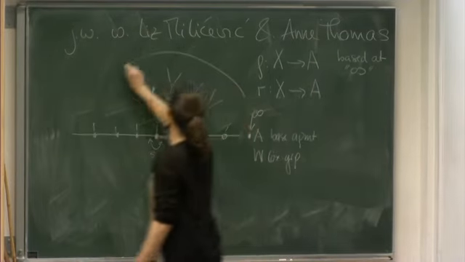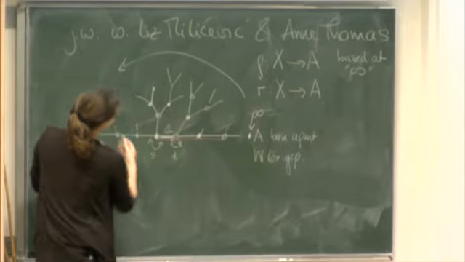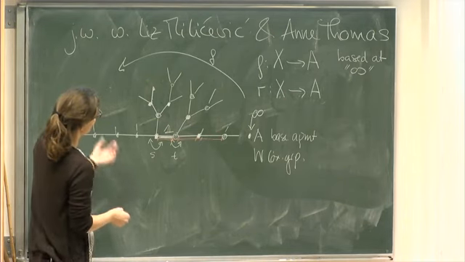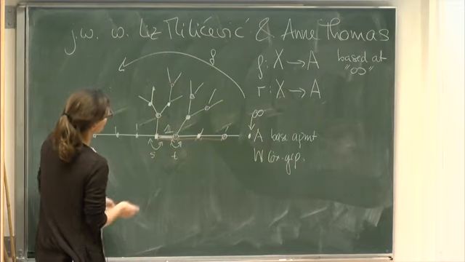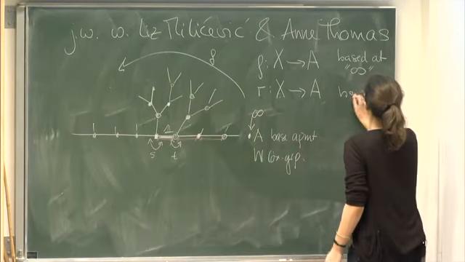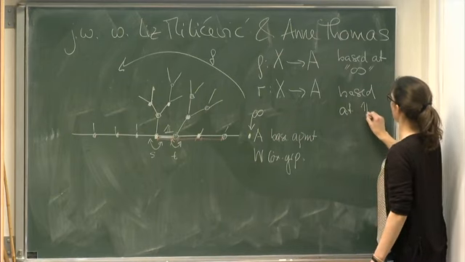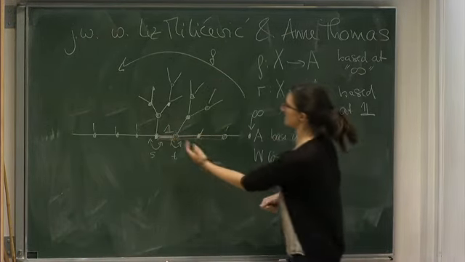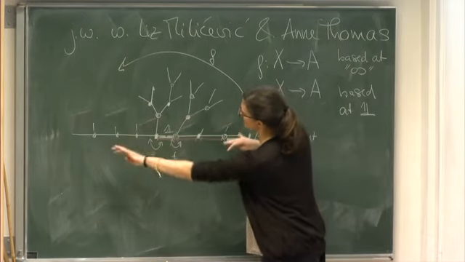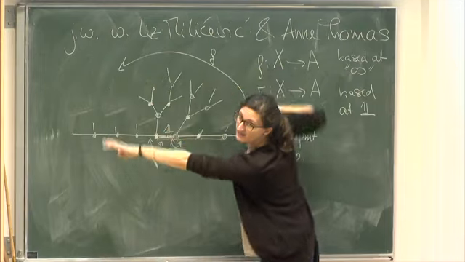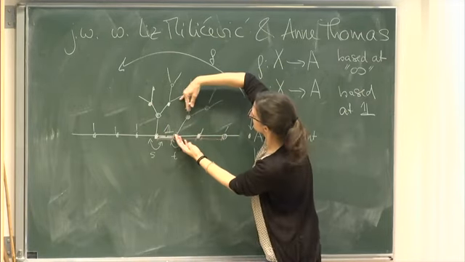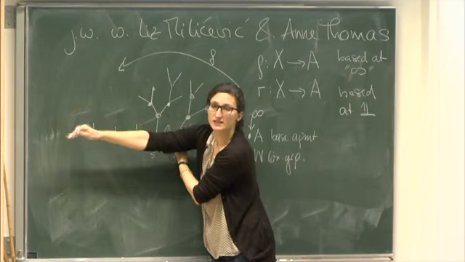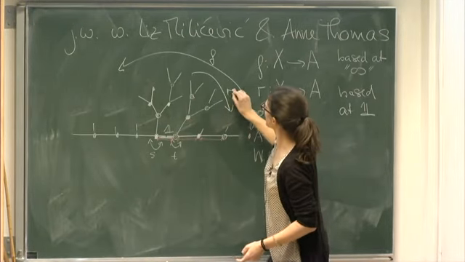Okay, so rho flattens everything into the opposite direction of infinity onto A.